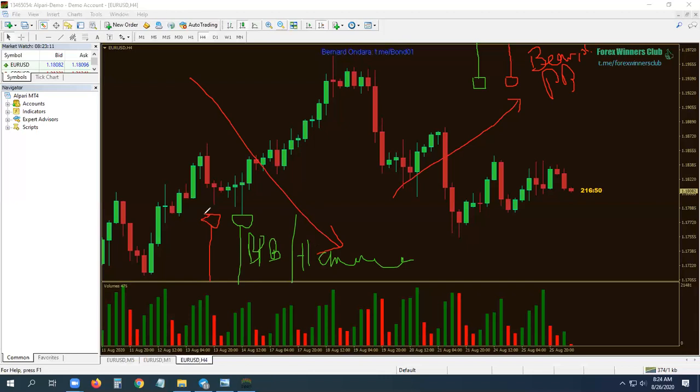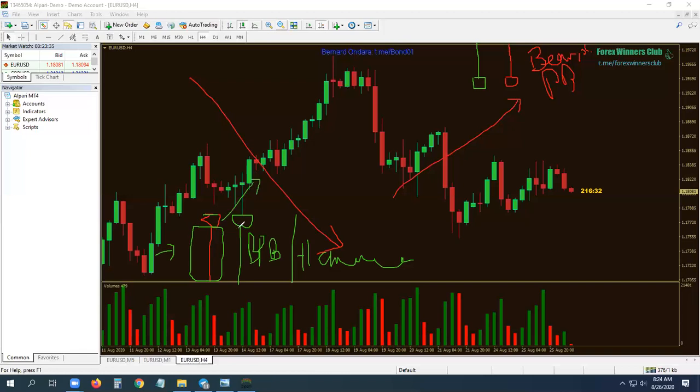Because the market opened here, pushed all the way down, but was rejected. The buyers came in and pushed the market back up. So the territory of the buyers is stronger than the territory of the sellers. The sellers were able to conquer this short distance. The buyers were able to push the market a longer distance. So this signal is bullish. It says the market is likely to move up.